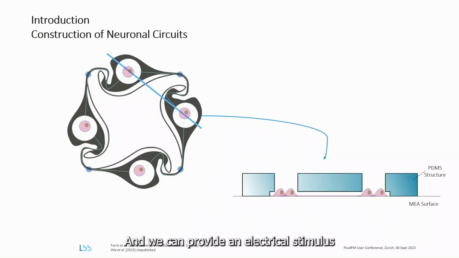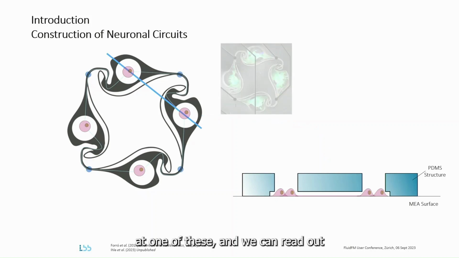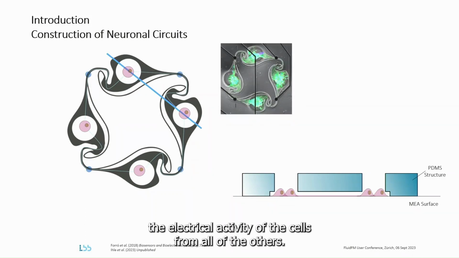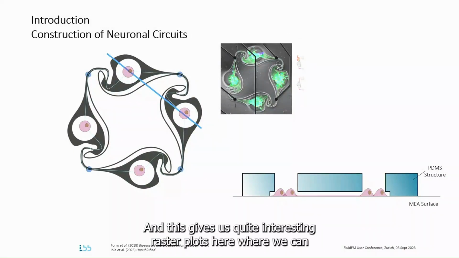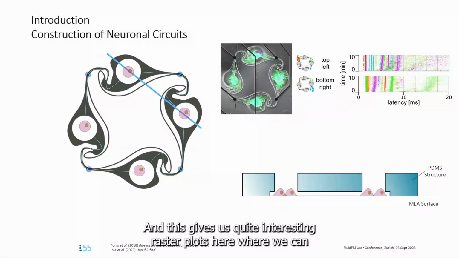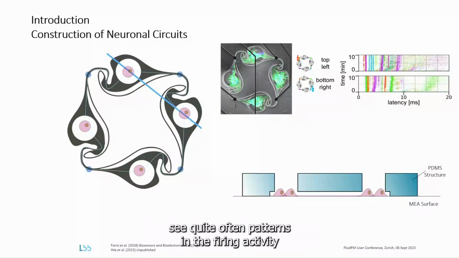We can provide an electrical stimulus at one of these, and we can read out the electrical activity of the cells from all of the others. This gives us quite interesting raster plots, where we can often see patterns in the firing activity of the cells when they're stimulated at a particular point.